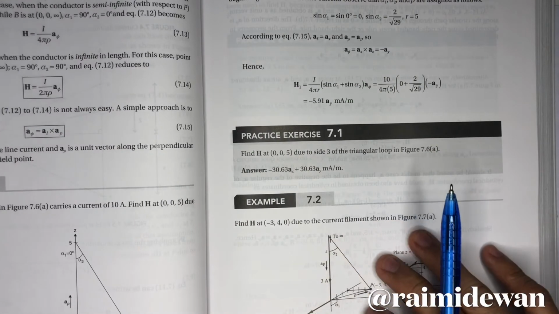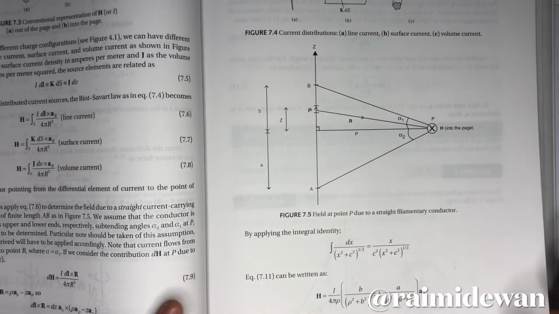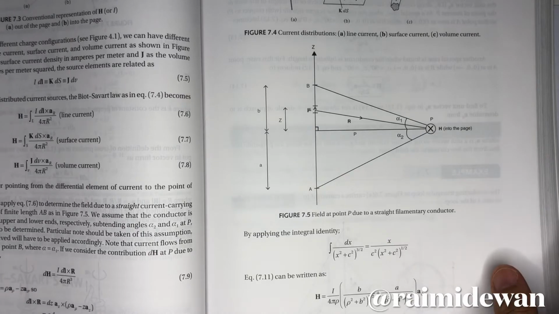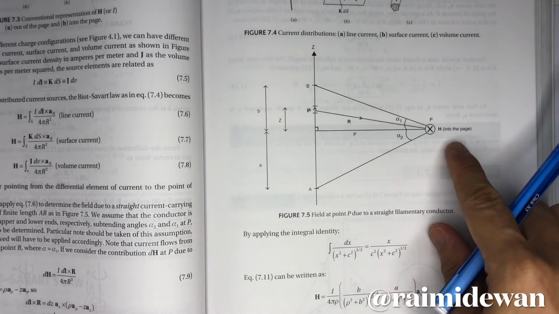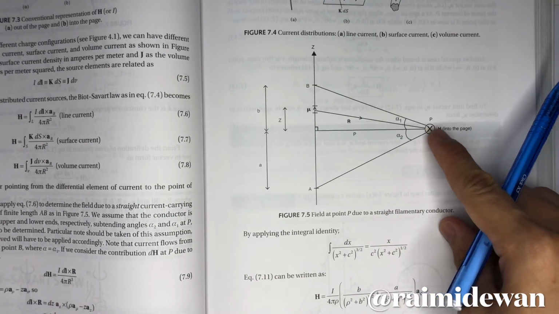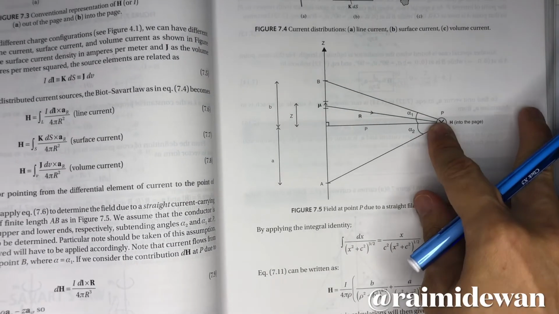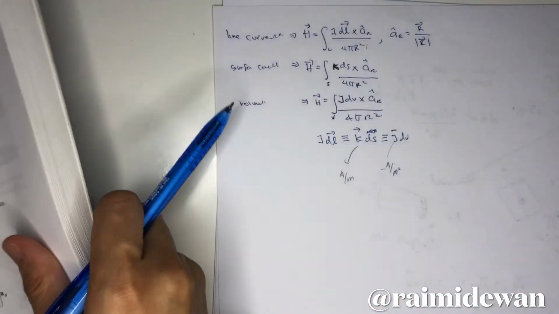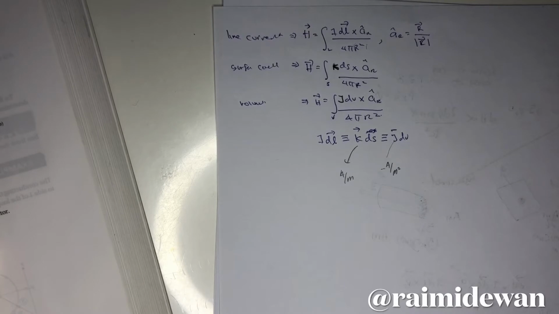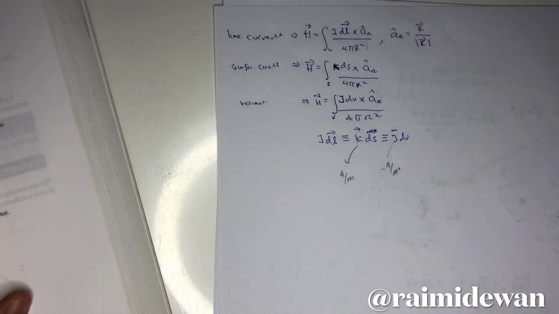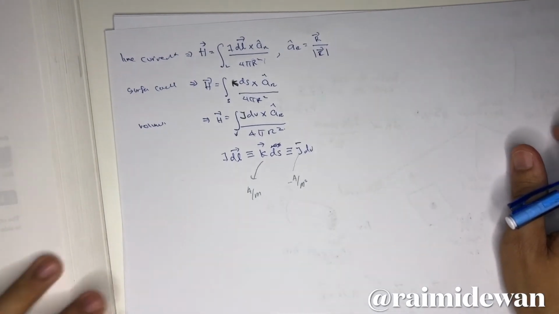We can use almost the same concept to get our H field at the point of sampling. You can refer to the slides also, because I'm sure there is more information, good for you to have more reading, and of course try the exercise.